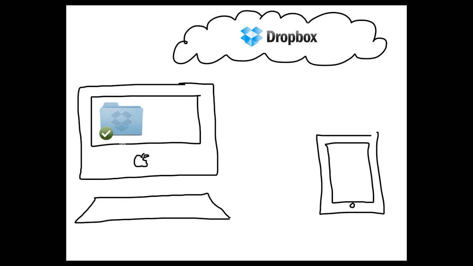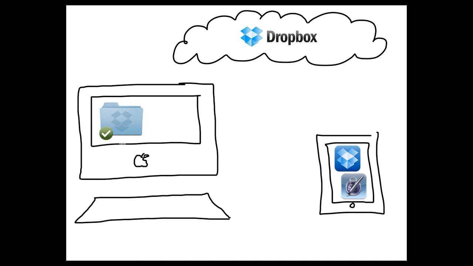So next, we need to get this onto our iPad. So let's say we want to edit this document in Pages, which is Apple's version of word processing on the iPad. What we'll need to do is somehow get that document out of Dropbox in the cloud onto our iPad. Again, you're going to have to download a Dropbox app.